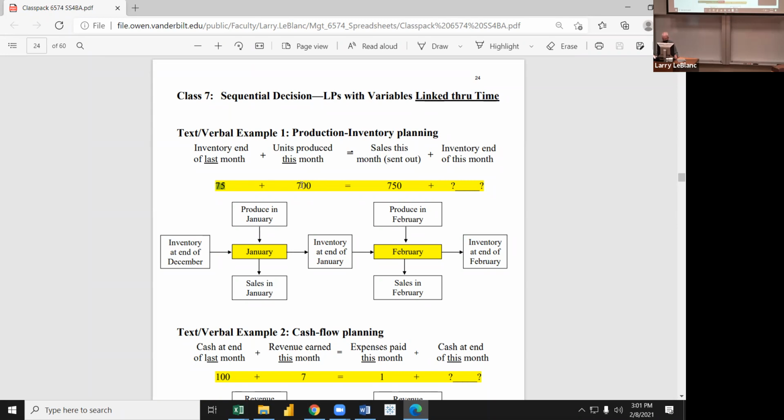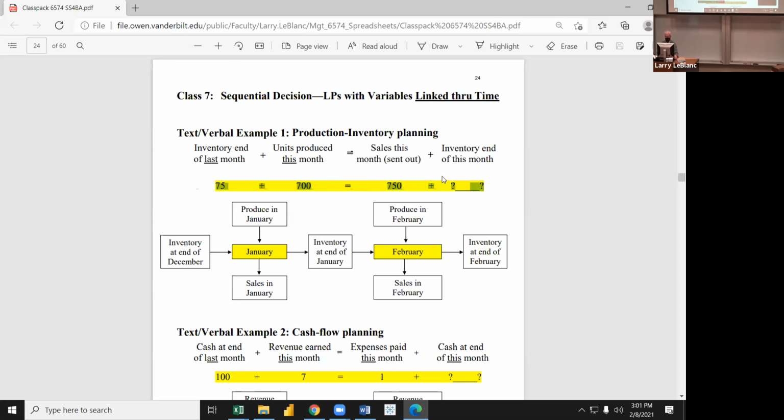And we produce 700, that is 775. And we needed only 750, how much is left over? Somebody can do advanced arithmetic? 775 equals 750 plus what? 25.